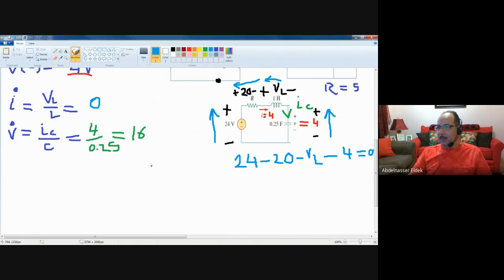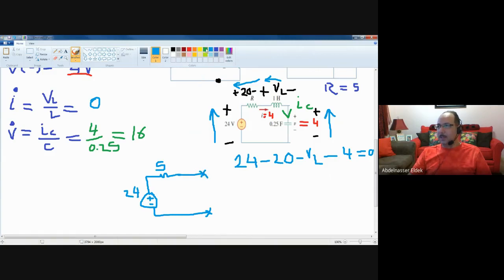There it is. Here is R, which is 5. The inductor is just short circuit. The source is here, 24. And the capacitor will be open circuit.